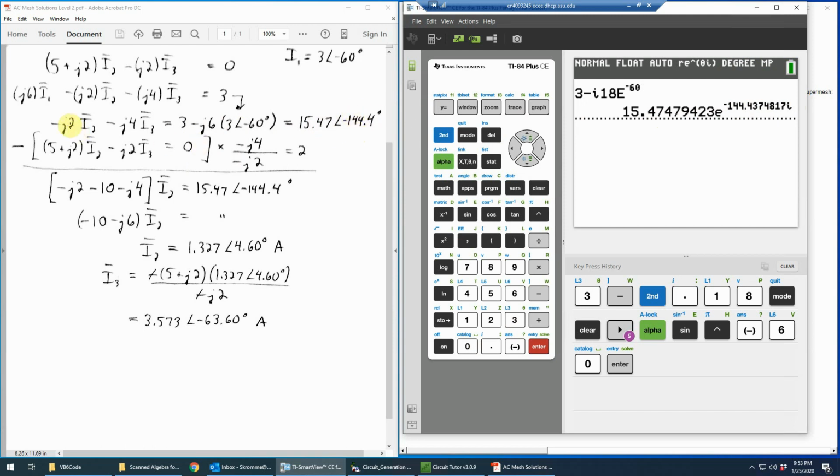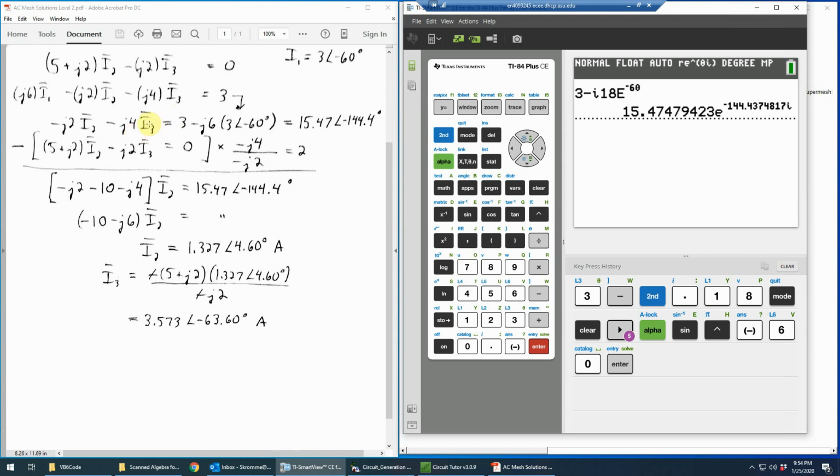Okay, so now I'm going to take my first equation and just rewrite it down here for convenience. There's various ways to do this. I could solve this first equation for I2 by adding j4 I3 to both sides, and then dividing by the coefficient negative j2. That would give me I2 in terms of I3, and then I could plug it into here, for example, and that would give me a single equation involving all I3 terms, which would allow me to solve.